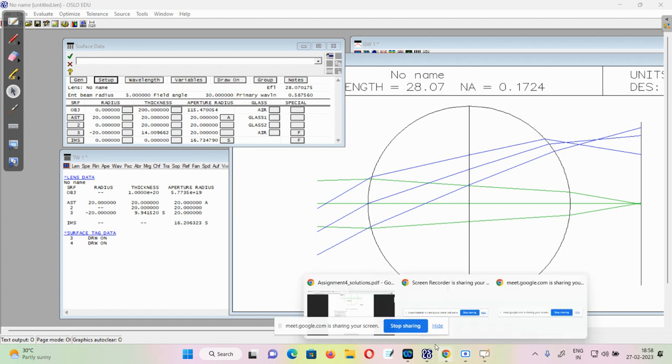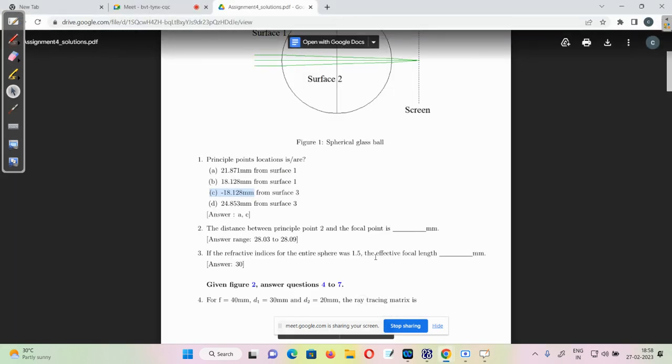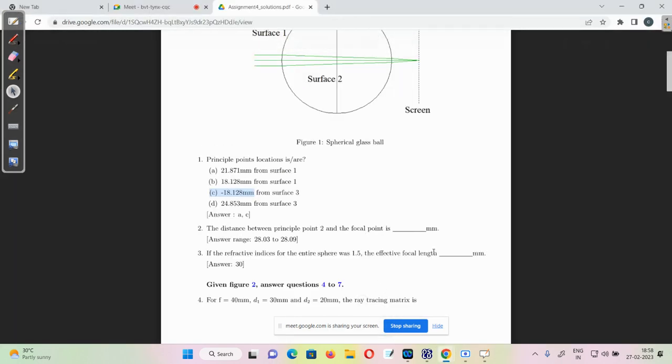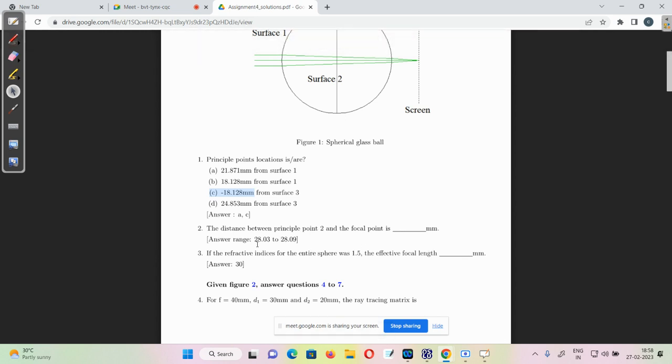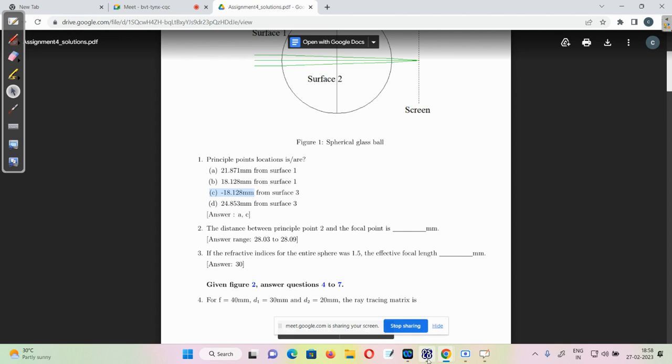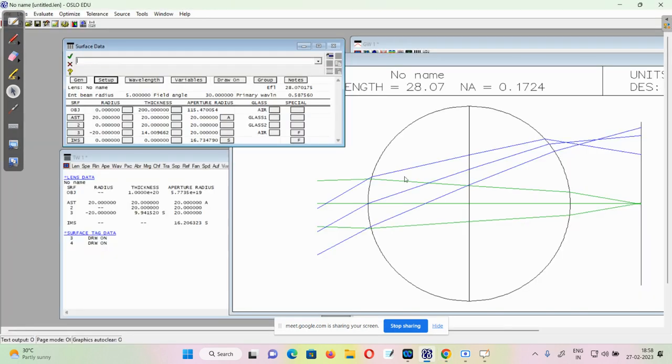That distance is called the effective focal length. So this is 28.07, and they are giving marks for 28.03 to 28.09. Got it?